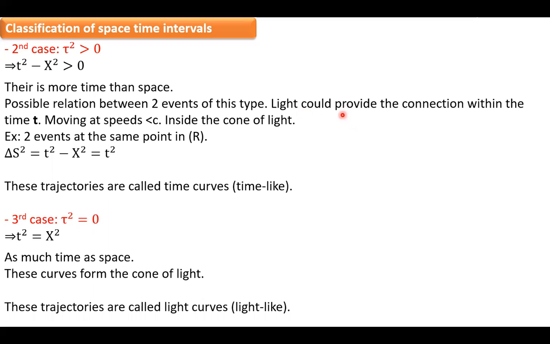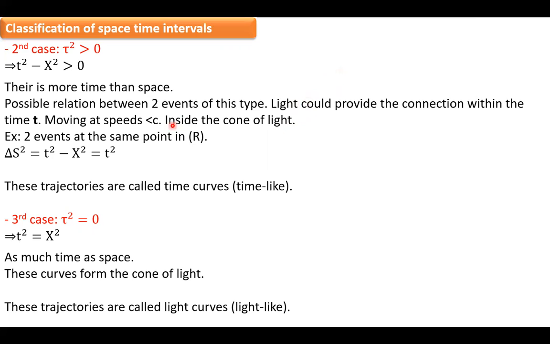If it has the time to connect A and B within the time t, you are in this case where tau squared is positive. You can move at speeds that are less than c. So your points are inside the cone of light.